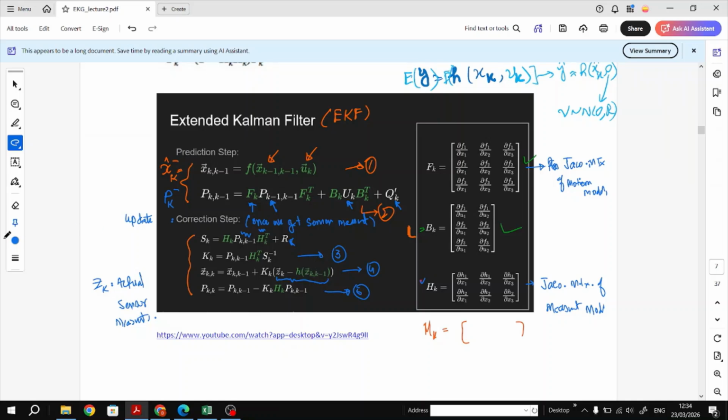So this term h of x k hat is your nonlinear measurement model.